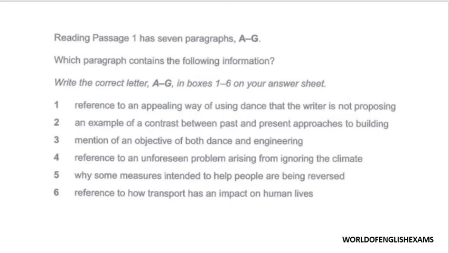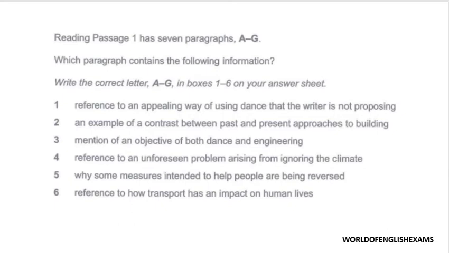So they're talking about building, and they're talking about the past approach and the present approach. So how was it in the past and how is it now? This is said with an example, and we need to find the paragraph which mentions that example. Next, here the keywords are contrast, past and present approaches, and of course building.